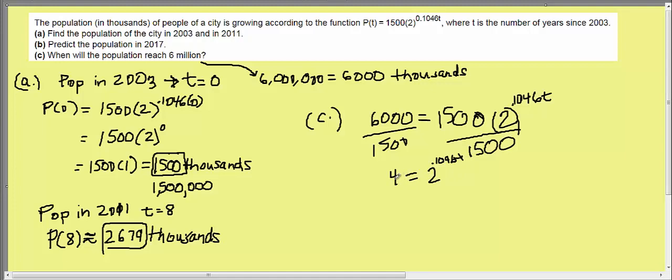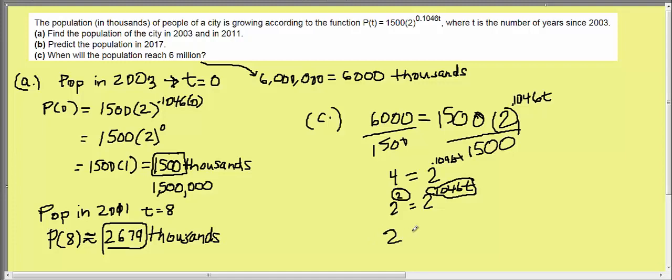Now, 4 can be written as a base 2, so we're going to do that here. So now that we have the same base of 2, I can let this exponent equal this exponent.